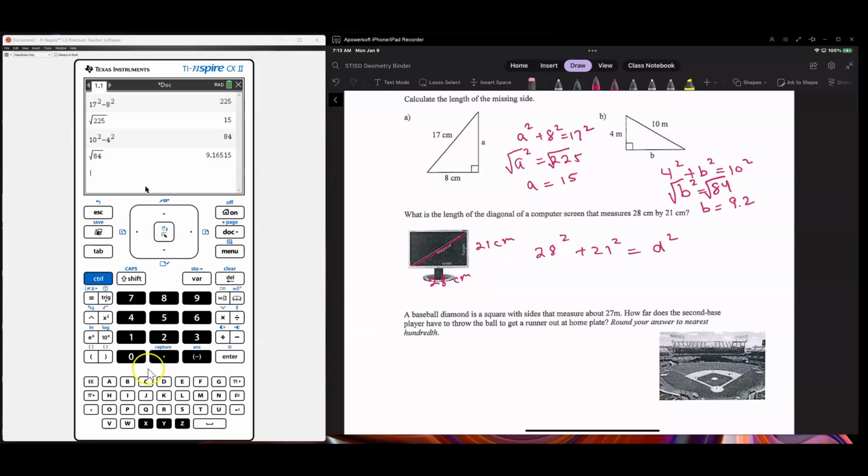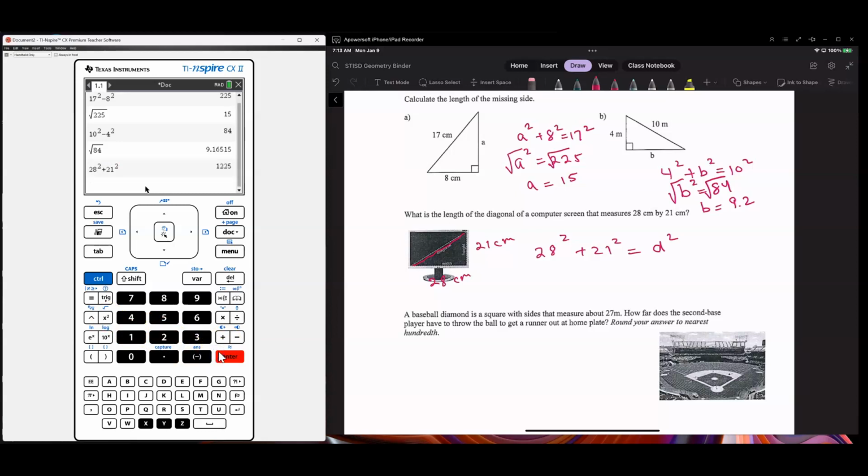So let's go to our calculator here. 28 squared plus 21 squared.